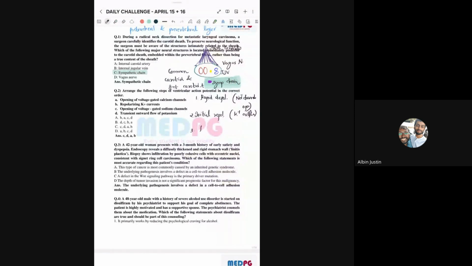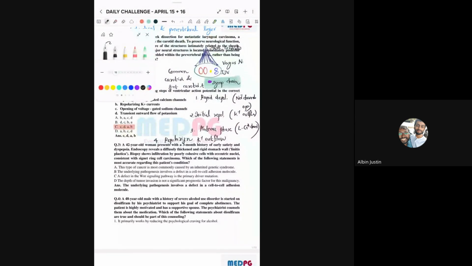Then you have the plateau phase where L-type calcium channels open. Then you have the repolarization where potassium outflow occurs. And if we go according to the order, it will be C, D, A, B. C, D, A, and B.